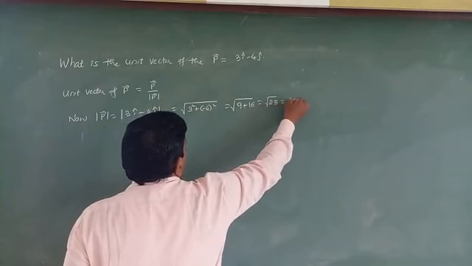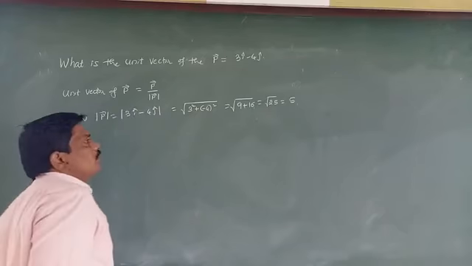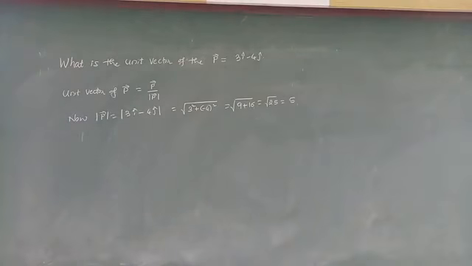Magnitude is non-negative. You have to take 5 only, because square root of 25 can be written as plus or minus 5, but the magnitude is always positive.